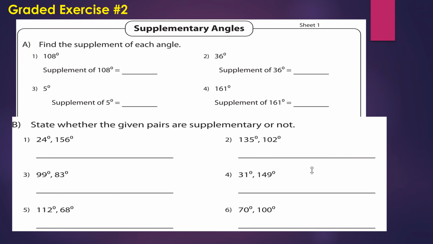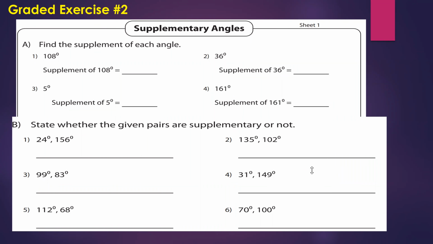And what do we call angles whose sum adds up to 90? Complementary angles, yes. So supplementary angles are those whose sum is 180 degrees, and complementary angles are angles whose sum is 90 degrees.